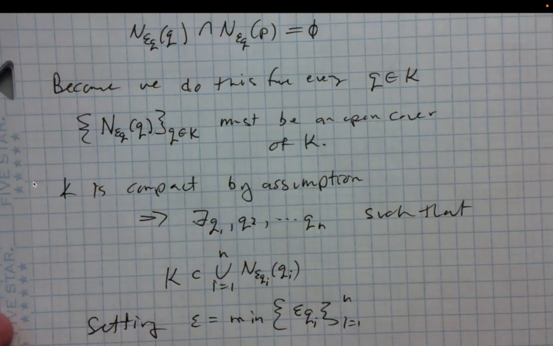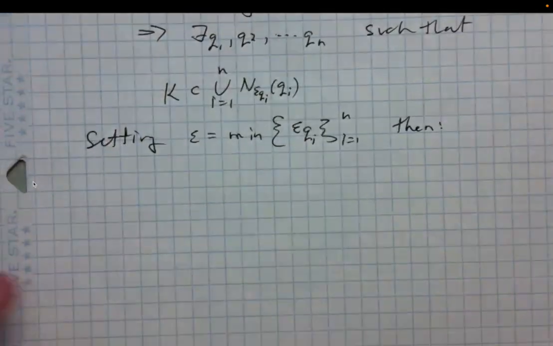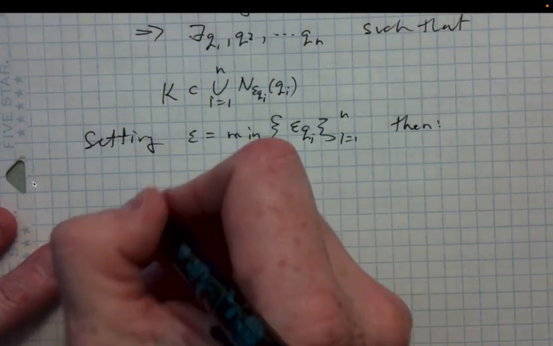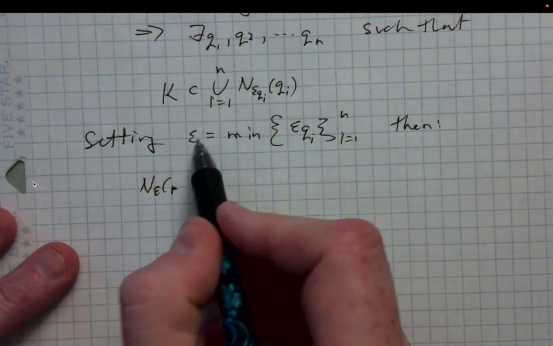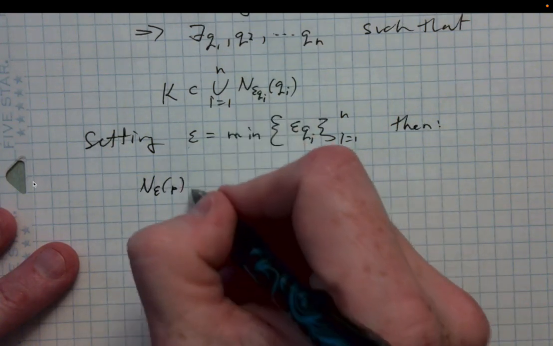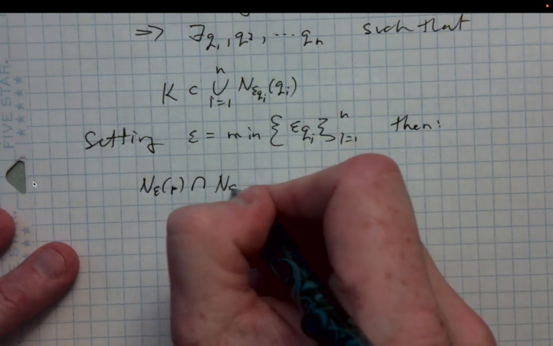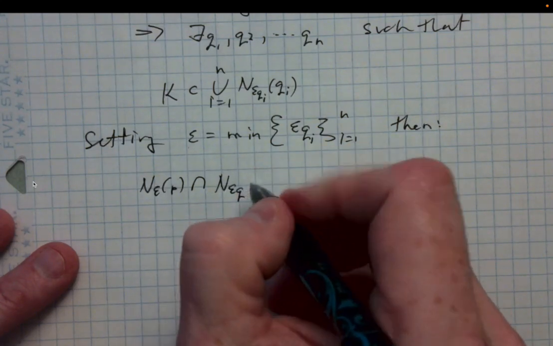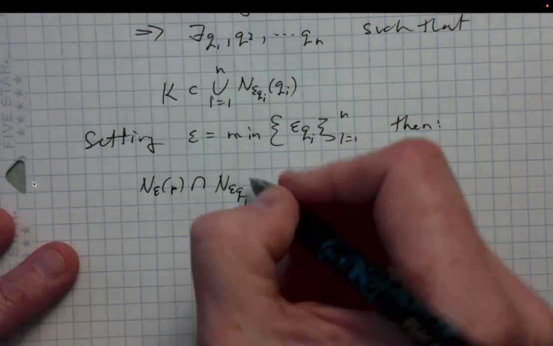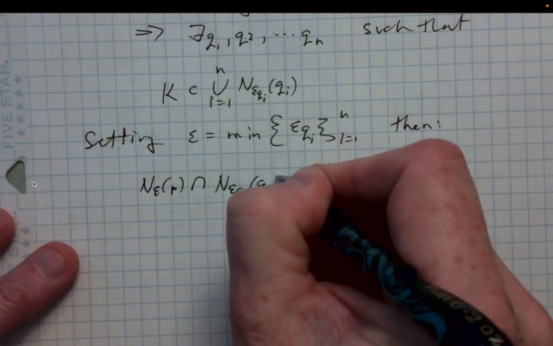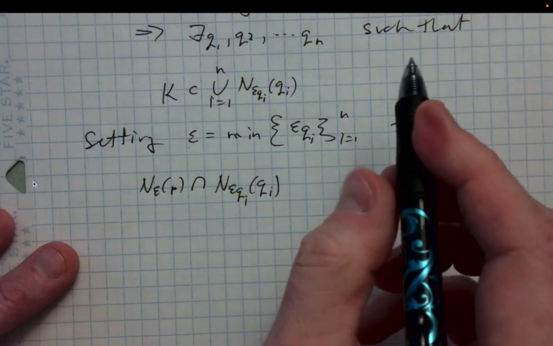Set epsilon equal to the minimum of this, and then what happens? What do we get? Well, here's kind of the magic. Then the epsilon neighborhood of P and the epsilon neighborhood of Q sub i is empty.